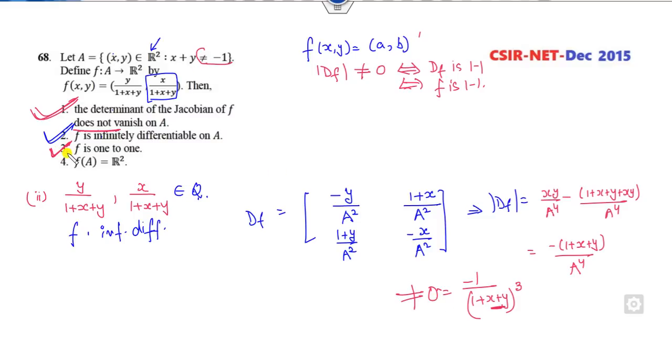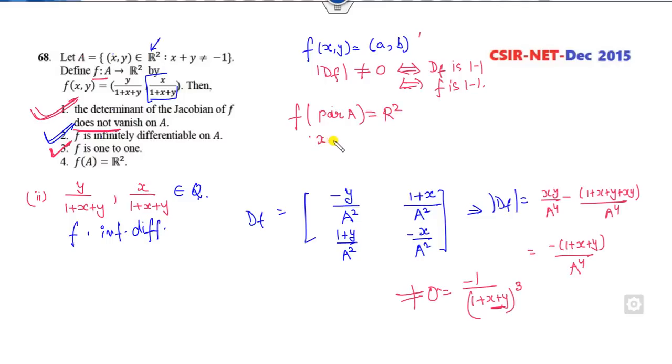Now look at the last option, whether F of A is R square. How can you prove that? I think that's very simple. Can any pair of A have its image in R square?